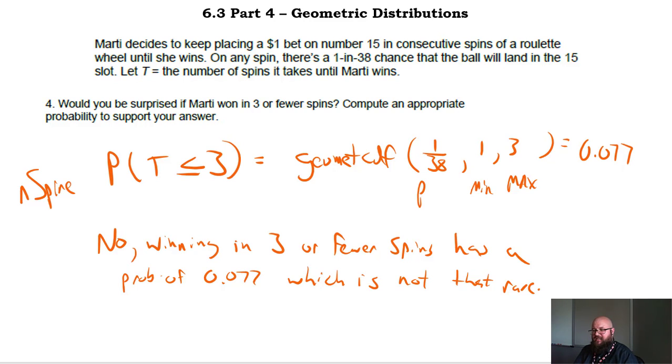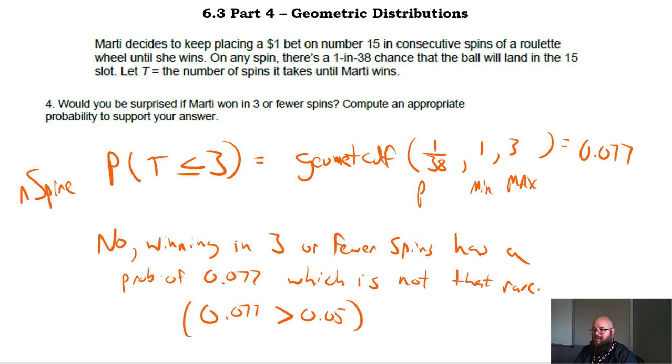Why do I say it's not that rare? Because we can compare this probability to 0.05, 5%, right? And because it is greater than 5%, it is not that rare. So it could happen. It wouldn't surprise me. She could win in 3 or fewer spins based off that probability.